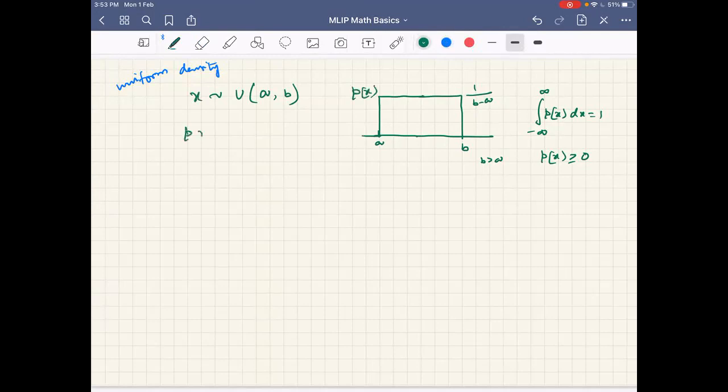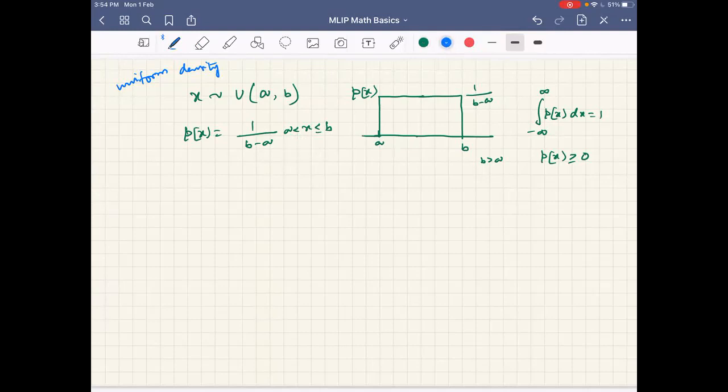P of X has a specific expression, that is 1 by B minus A for A less than or equal to X less than or equal to B. One of them can be just the less than or equal. Fine, and this is the probability density function for uniform density.